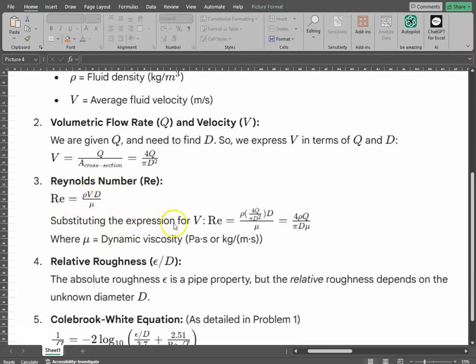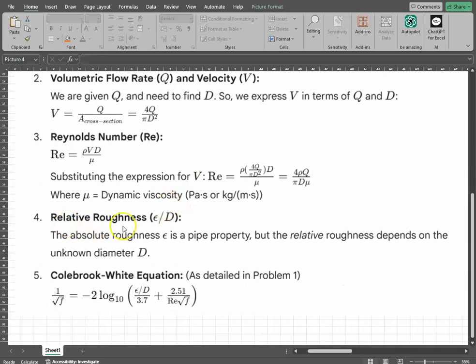Substituting the expression for V, Re equals rho times 4Q by pi D squared times D by mu, where mu is the dynamic viscosity. We also know the relative roughness epsilon by D. The absolute roughness epsilon is a pipe property, but the relative roughness depends on the unknown diameter D.